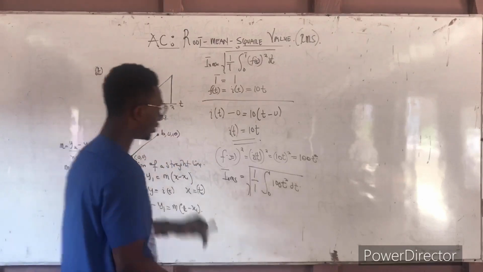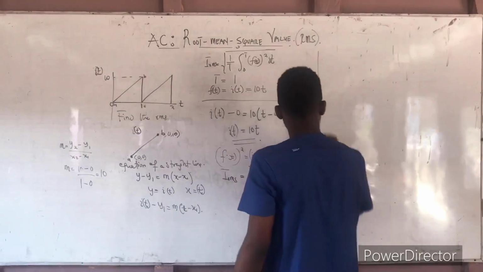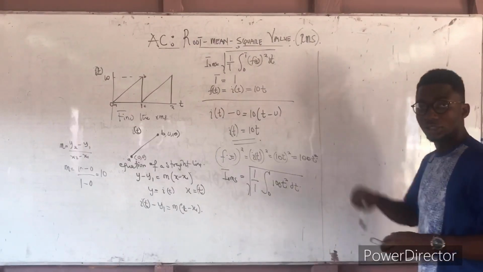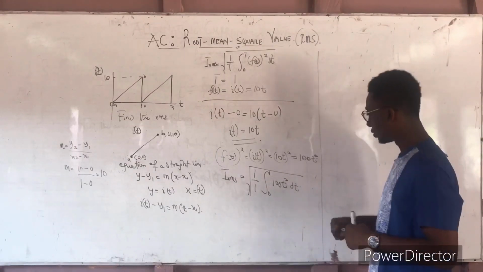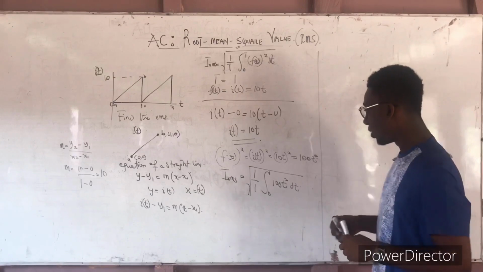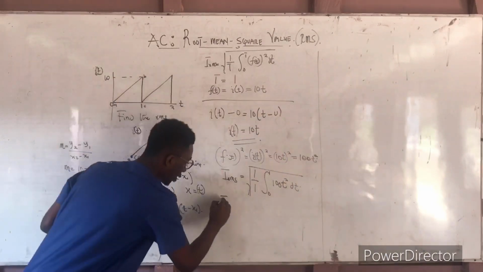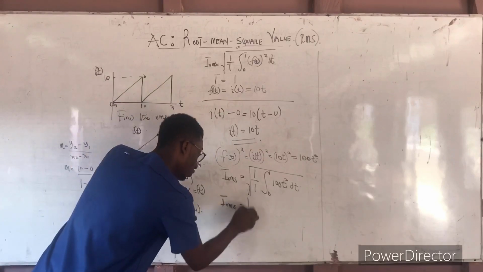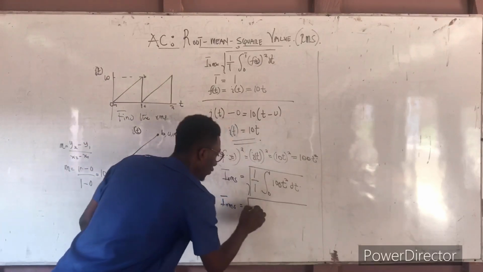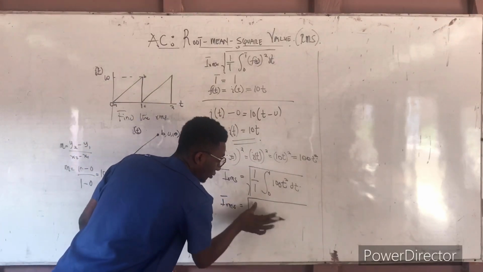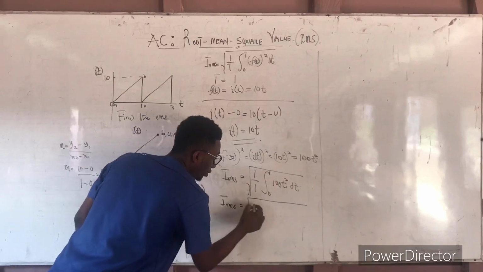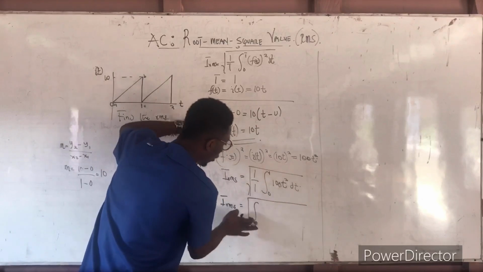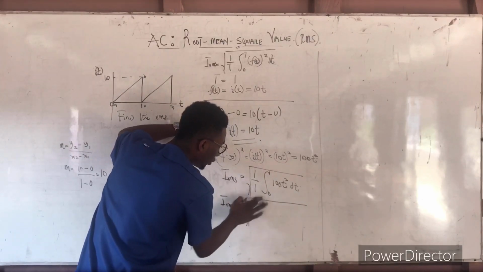Okay, so our focus here is what? To find the integral of this particular function. Okay, so you can continue from here. So the IRMS will now be equal to the root of 1 on 1, which is the same as 1, or we can decide not to bring it. So now we have to integrate this function.